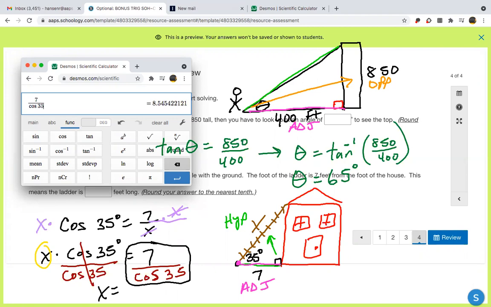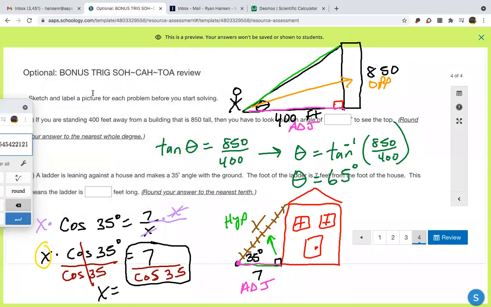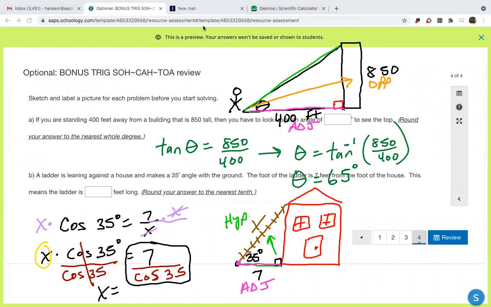It says round to the nearest tenth, so that's 8.5. Since this is a story problem, there should be some units. So this would be 8.5 feet.